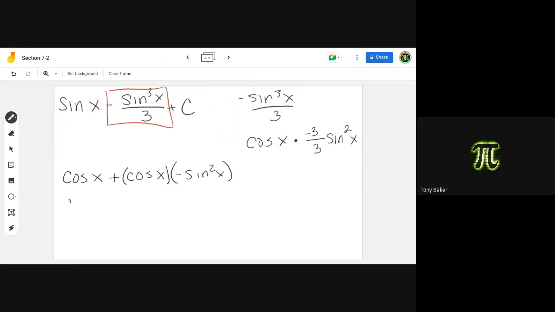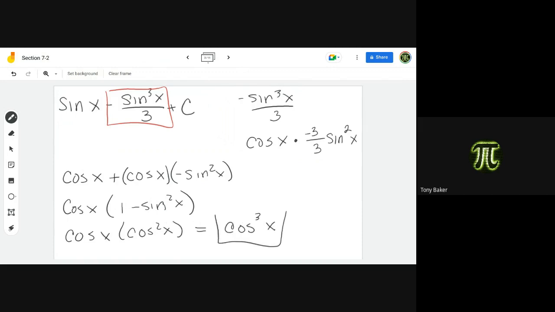So I can pull out a cosine x, and I'm left with 1 minus sine squared x. So then I have cosine x times cosine squared x, which is cosine to the third x. So it works.